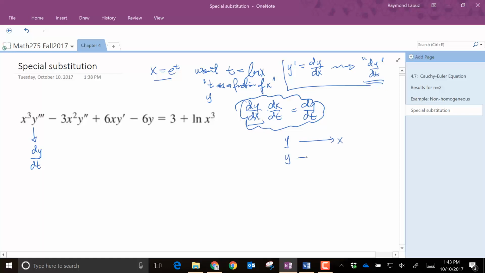We want y to be a function of t, which is a function of x, and that's the composition that we want. And so we can say that dy dx is actually equal to dy dt times dt dx.